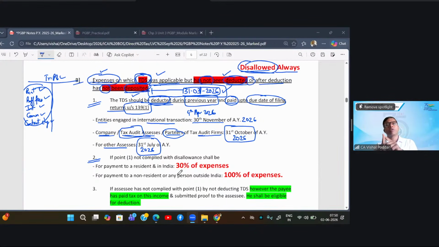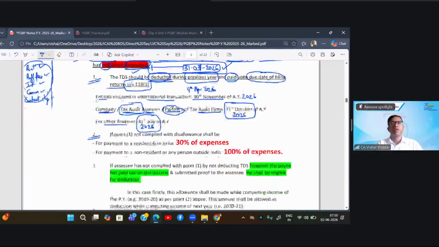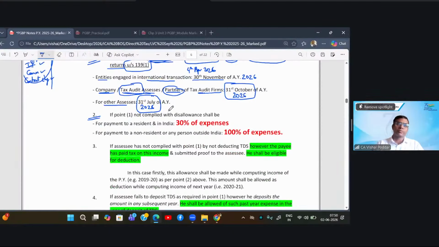Two, you have not deposited within the previous year or after that up to the return filing date. If any of these timelines are not fulfilled, then comes the role of the second point. It says we will disallow you the expense. So if the condition given in point one is not satisfied by you, you will have to face disallowance.